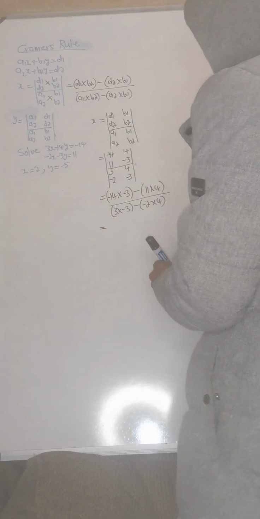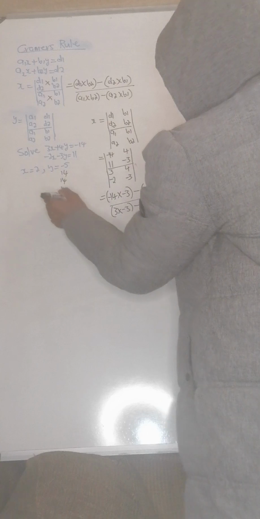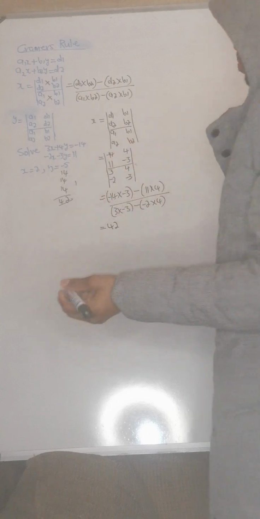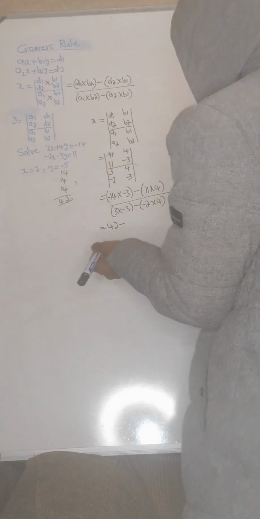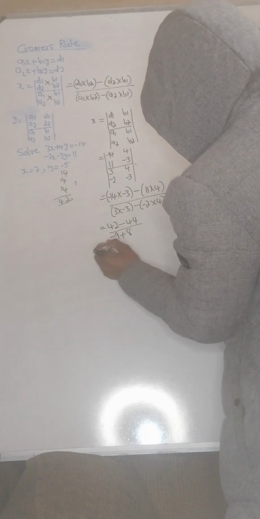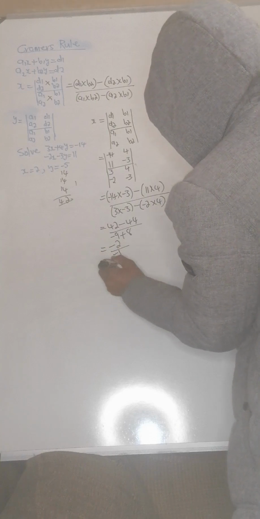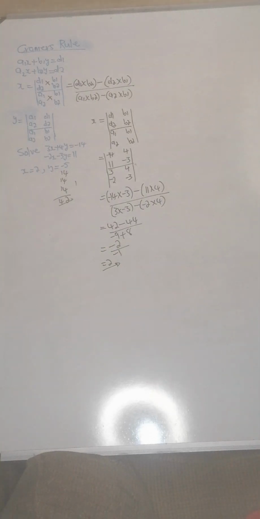Now I'll just say 14 times 3 is 42, because negative times negative is a positive, and then negative 11 times 4 is minus 44, and 3 times minus 3 is minus 9. Negative times negative is a positive, 2 times 4 is 8. 42 minus 44 is minus 2. Minus 9 plus 8 is minus 1, leaving me with an answer of 2.